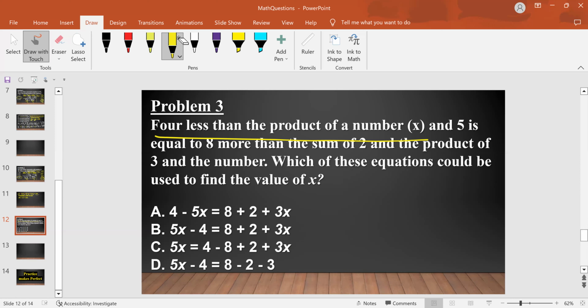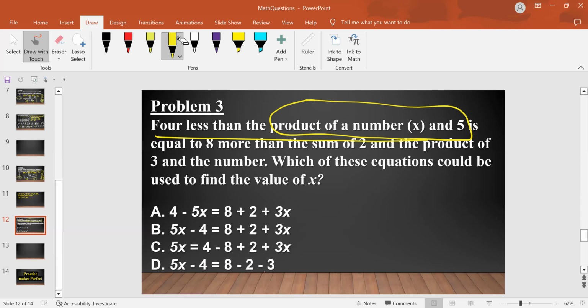So 4 less than the product of a number x and 5. When they say product of a number x and 5, that product means multiplication. But they say 4 less than the product, so we're going to switch.